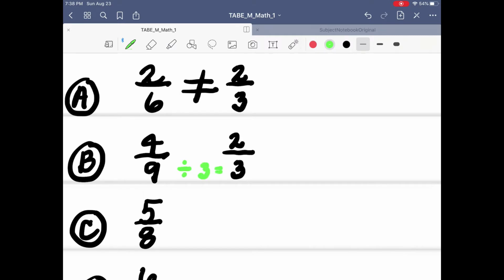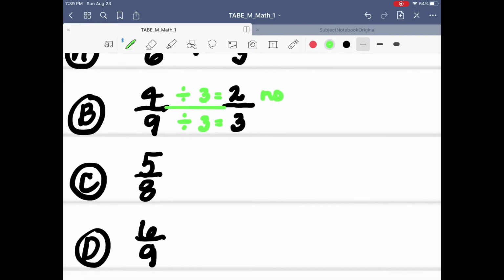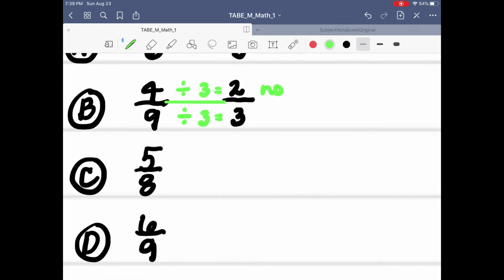So 9 divided by 3 is 3. Let's try that same thing on top. 4 divided by 3. Does that equal 2? Well, no, that does not. So that is not the answer I'm looking for.